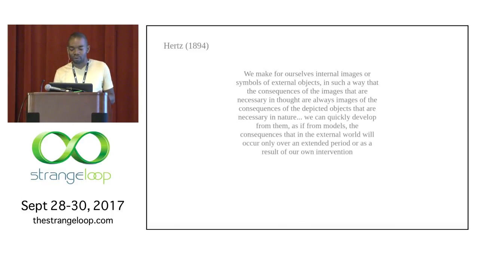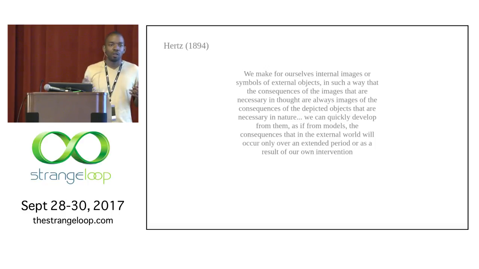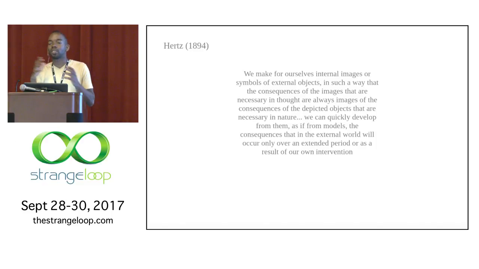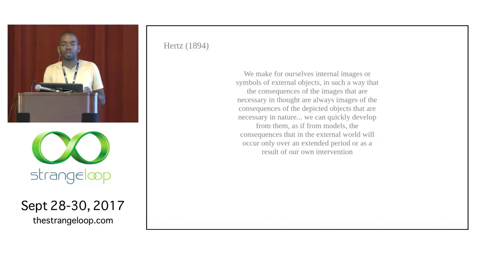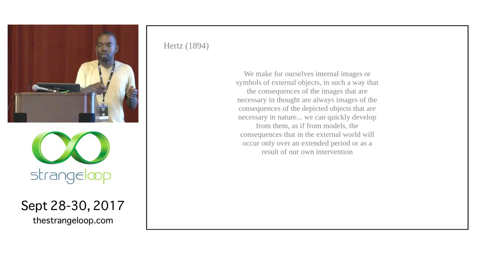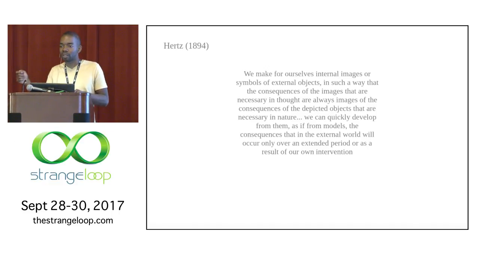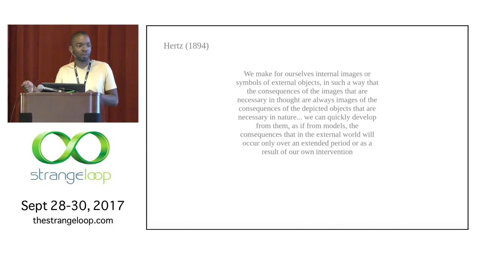We can quickly develop from them, as if from models, the consequences that in the external world will occur only over an extended period or as a result of our own intervention. And so what they're basically getting to is the idea that you look at the world, you build a model of the world in your head, then you interact with that model, you simulate it, you intervene with it, and if the model corresponds to reality in the relevant ways, you can use the results of the simulation to answer things about the real world, right?